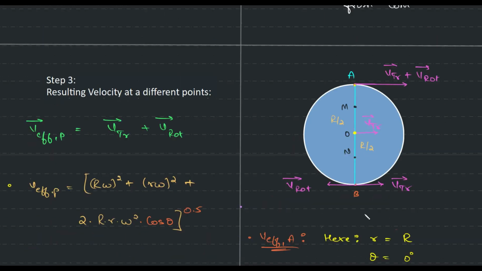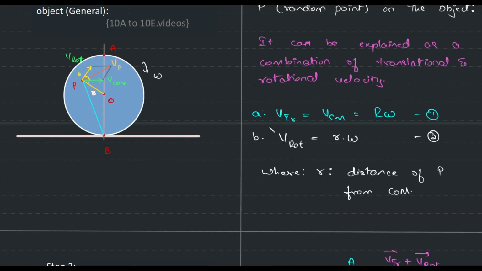So what is r omega? R omega is nothing but your velocity of center of mass, the translation velocity of center of mass. So that is translation, and this is your rotation of point P. They are equal, sorry, my bad. Please don't get confused.